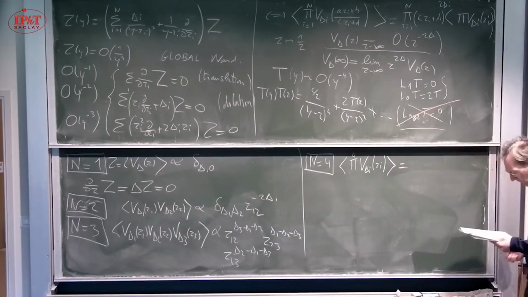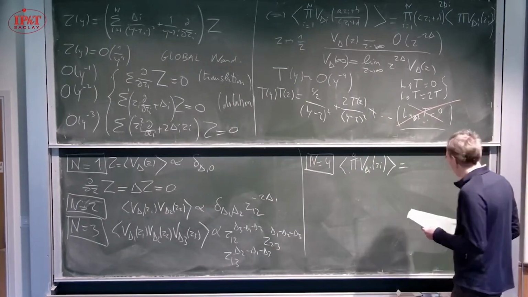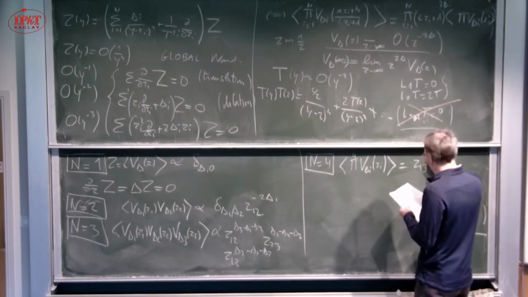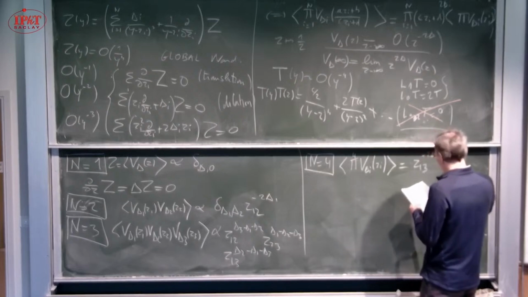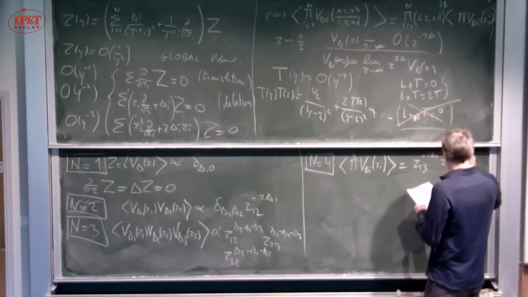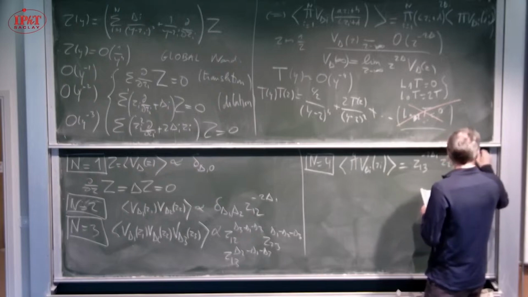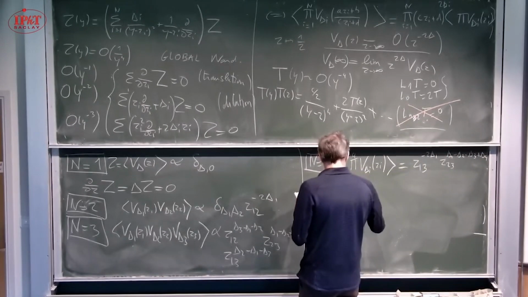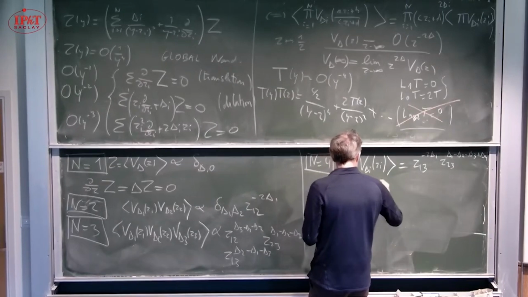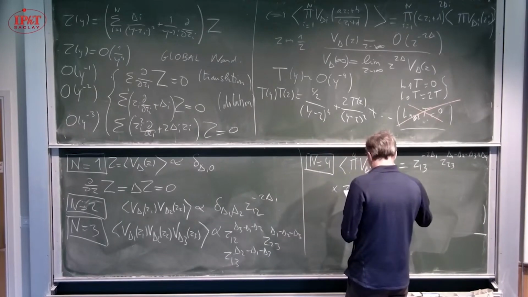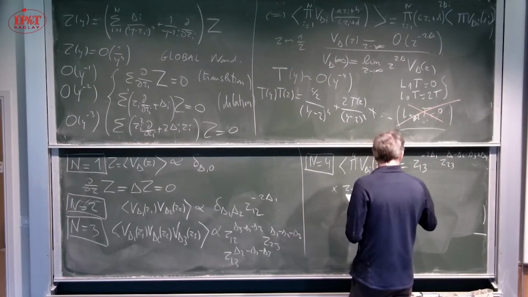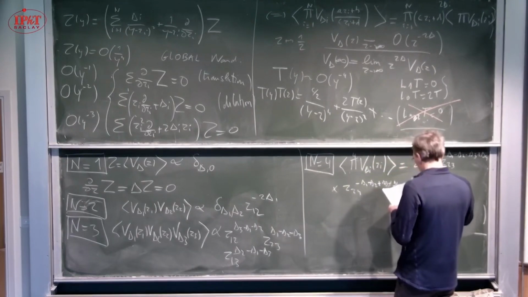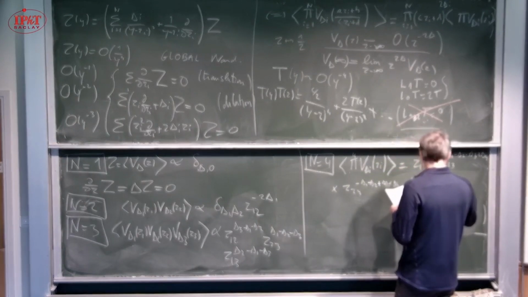So the solution is somewhat complicated. We have a bunch of prefactors, Z13 to the minus 2Δ1, Z23 to the Δ1 minus Δ2 minus Δ3 plus Δ4, times Z24 to the minus Δ1 minus Δ2 plus Δ3 plus Δ4, minus Δ4, Z34 to the Δ1 plus Δ2 minus Δ3 minus Δ4.